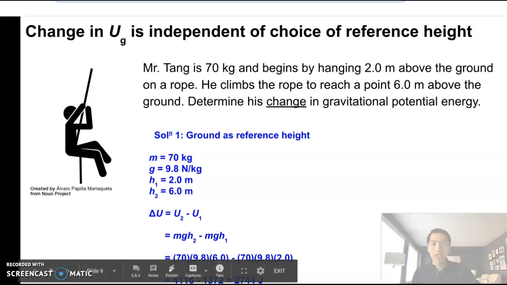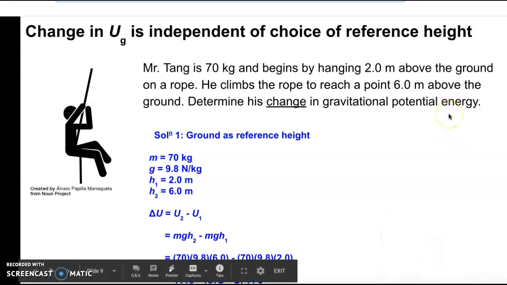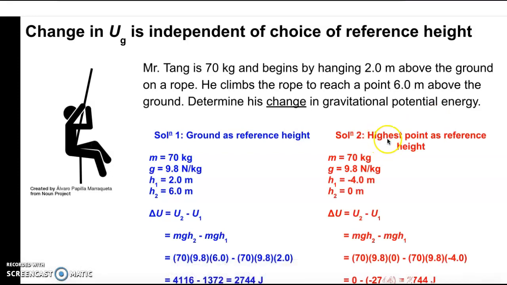So I'm going to show you solution 2, where I used the highest point as the reference height. The mass is still 70 kilograms, g is still 9.8 newtons per kilogram. Now my starting height, if I chose the highest point as my reference height, is actually negative 4 meters.